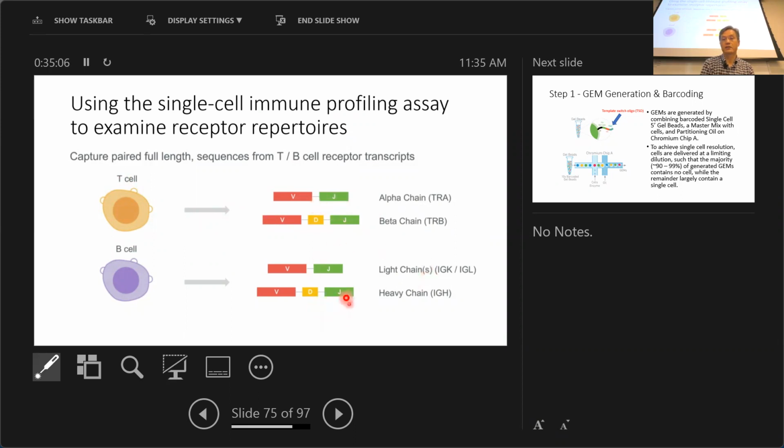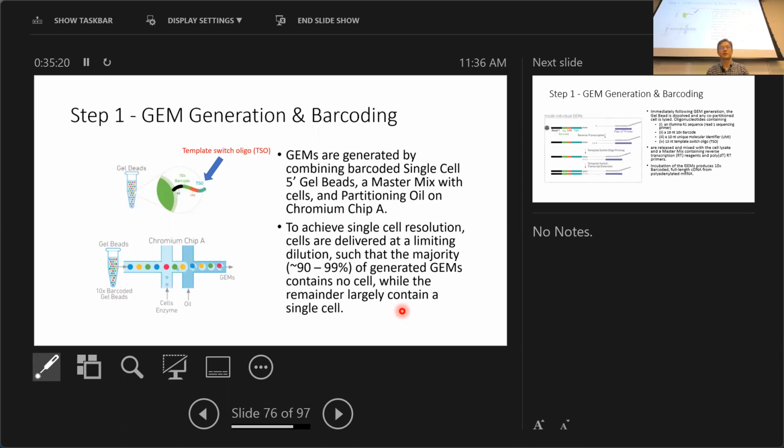And then for the B cell, you have a light chain and heavy chain, the immunoglobulin, different subtype combinations. Okay. So how is this possible?